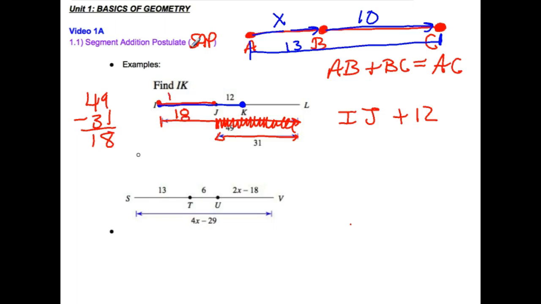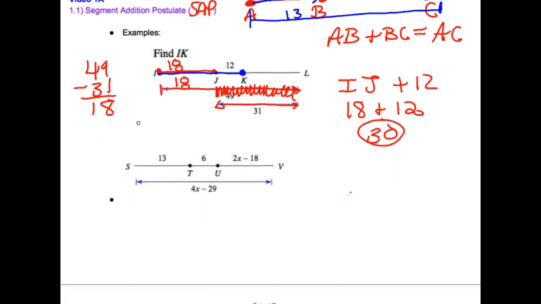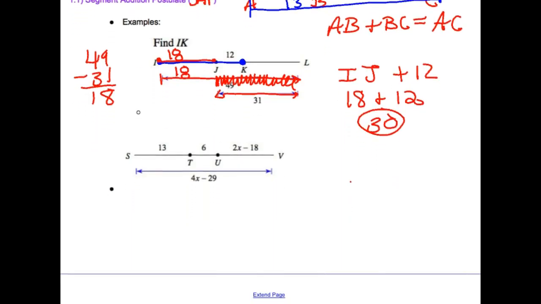So I know that this is 18, and from J to K is 12. So my answer is from I to K would be 18 plus 12, or 30. So I just let pieces they gave me help me find the ones I did not know.